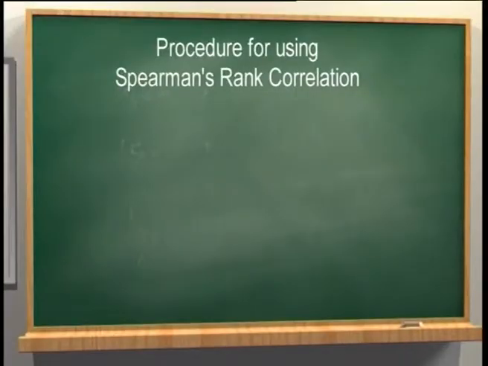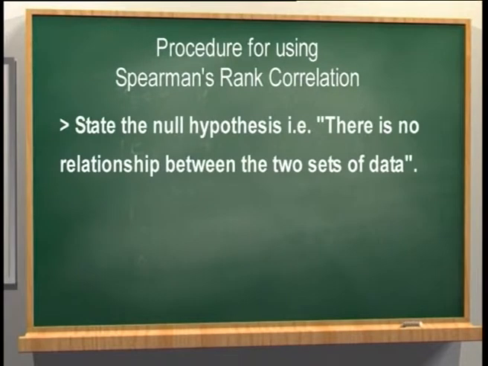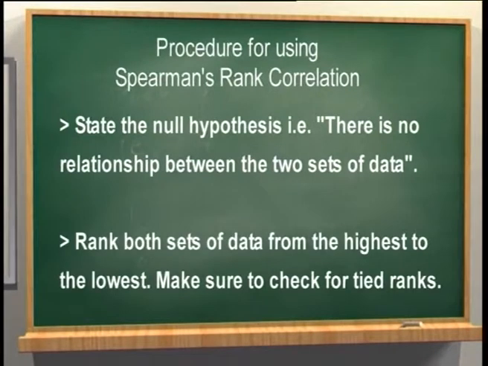The procedure for using Spearman rank correlation: state the null hypothesis, that is, there is no relationship between the two sets of data. Rank both sets of data from highest to lowest. Make sure to check for tied ranks.